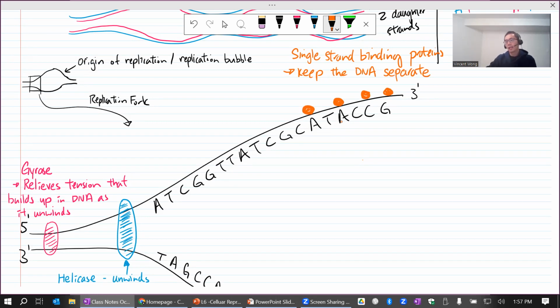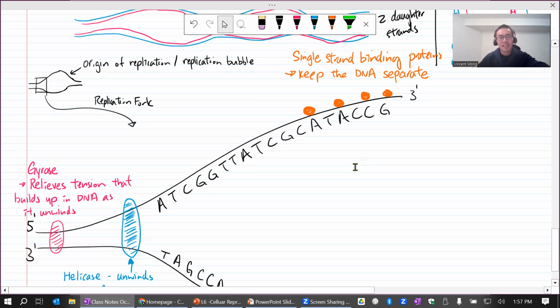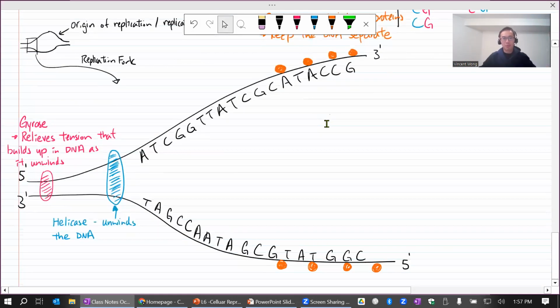We don't let them close up. Just hold them apart. It's like holding the TTC door on the train for your friend to come into the train. Shouldn't be doing that, but that's kind of like what the proteins are doing.